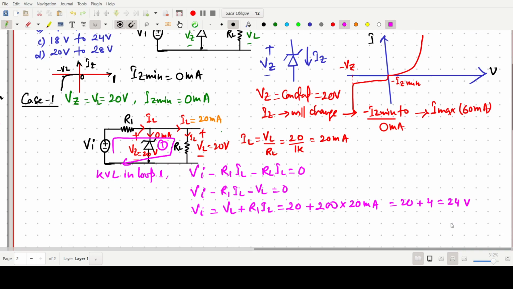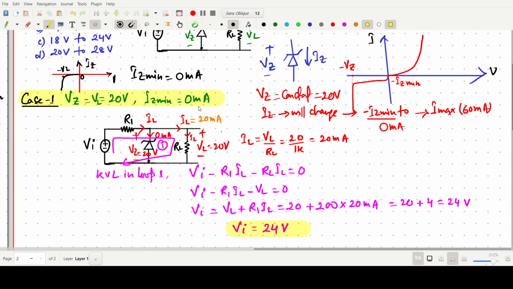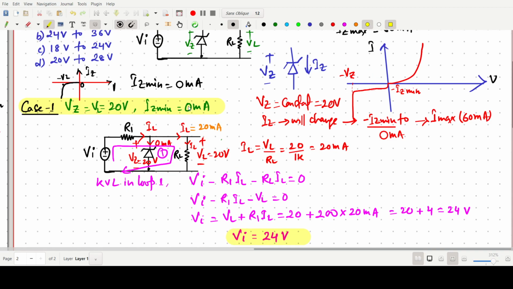So the Vi value will be 24 volt in this case, when we are considering the zero minimum current crossing through the diode.